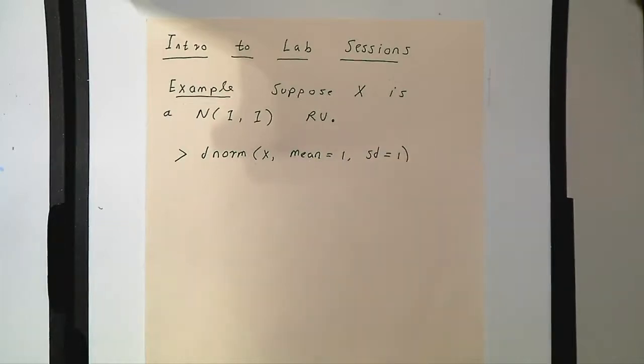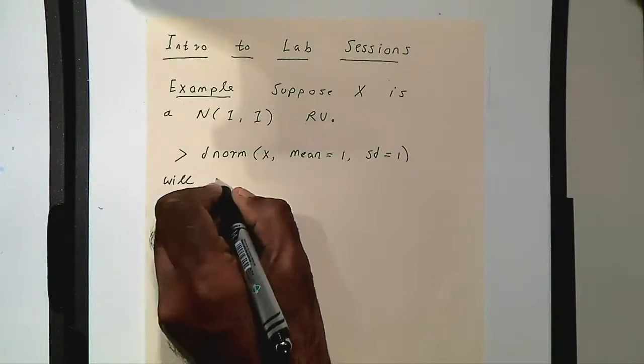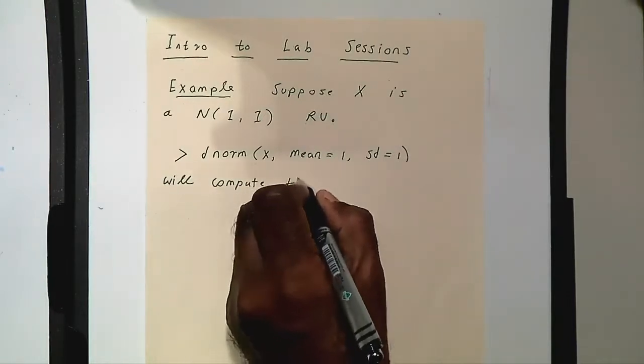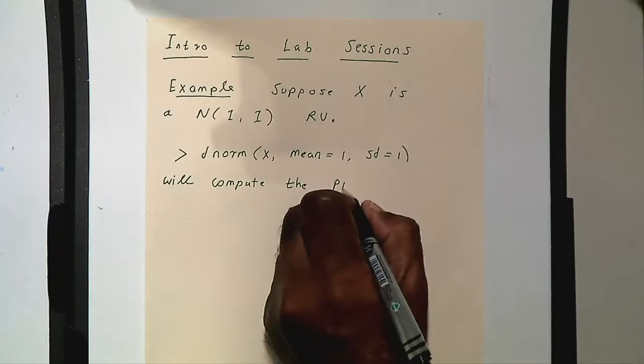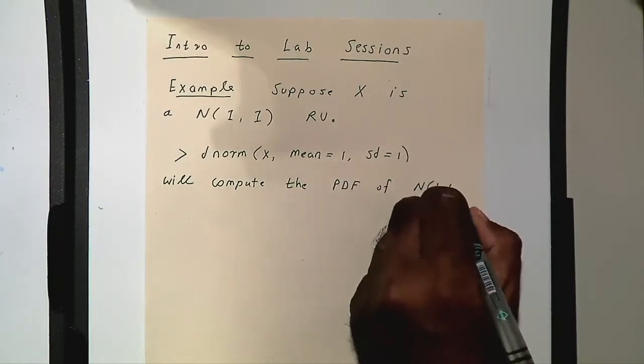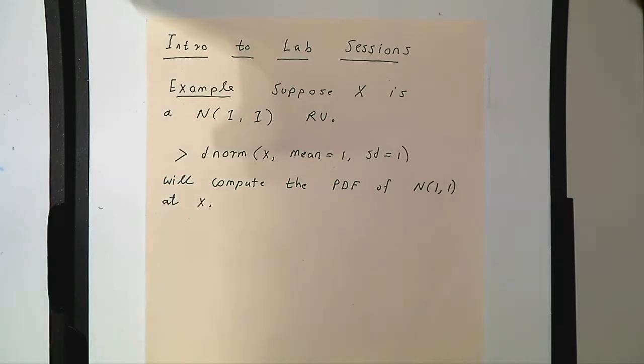This command in R will compute the PDF of N(1,1) at the values specified by x, right?